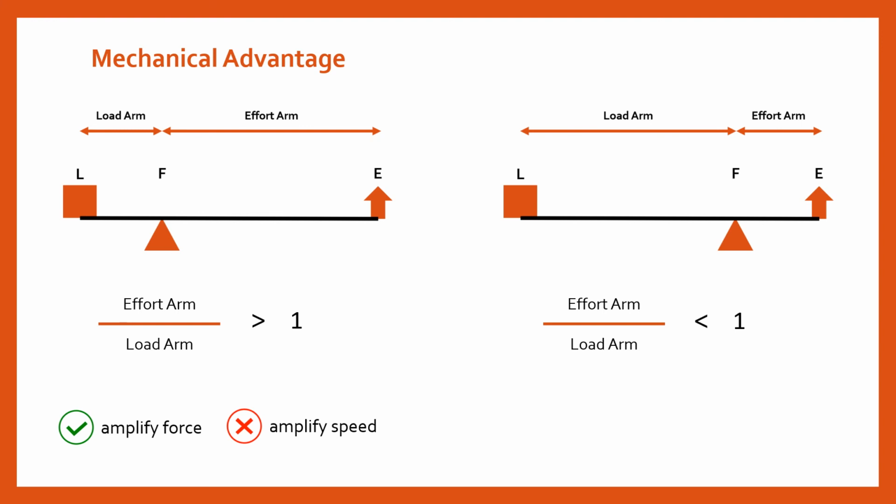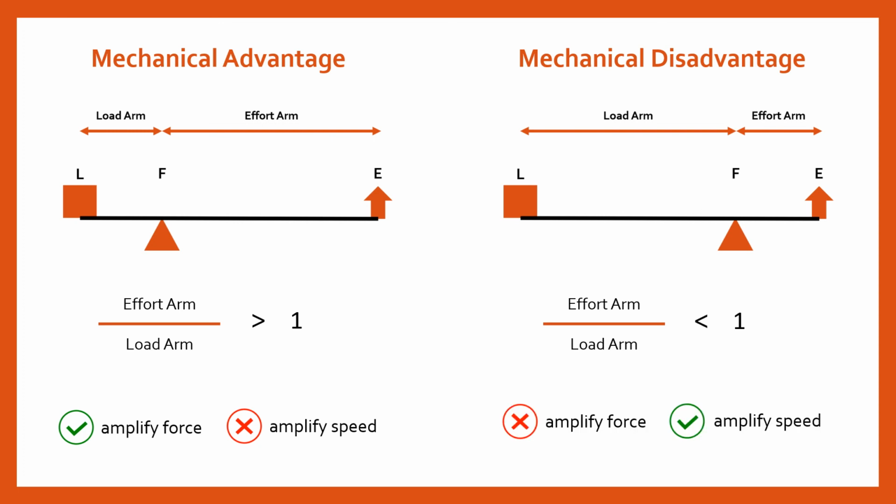And so this lever system is therefore at mechanical disadvantage. So a lever system like this will not be able to amplify the force acting on the load. So only a comparatively light or low load can be moved, but it will be able to move that load more quickly than the movement that's occurring at the position of the effort.